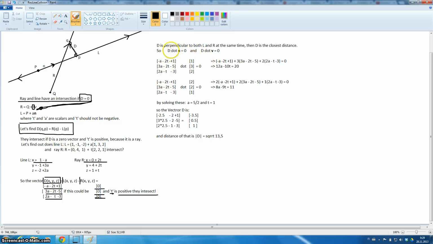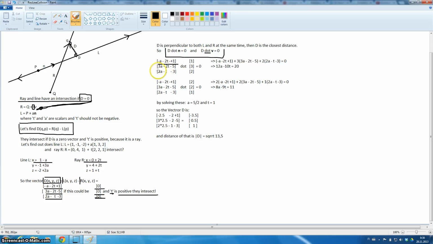So let's find out what that would be. D is perpendicular to both L and R at the same time, so D is the closest distance. So D dot N should be 0, and in the same way D dot V is 0 too.